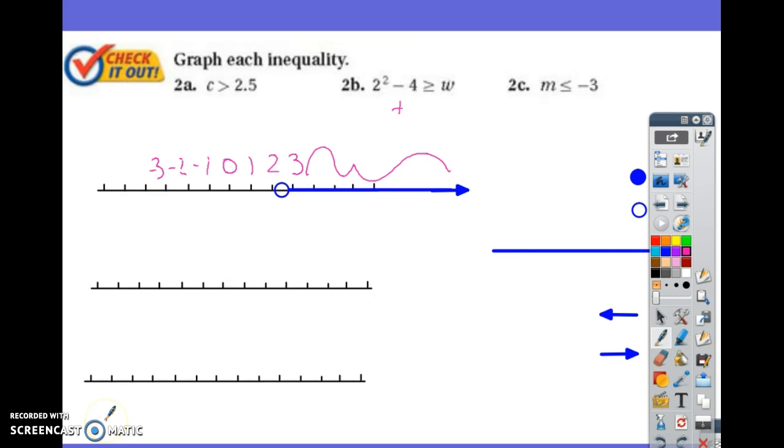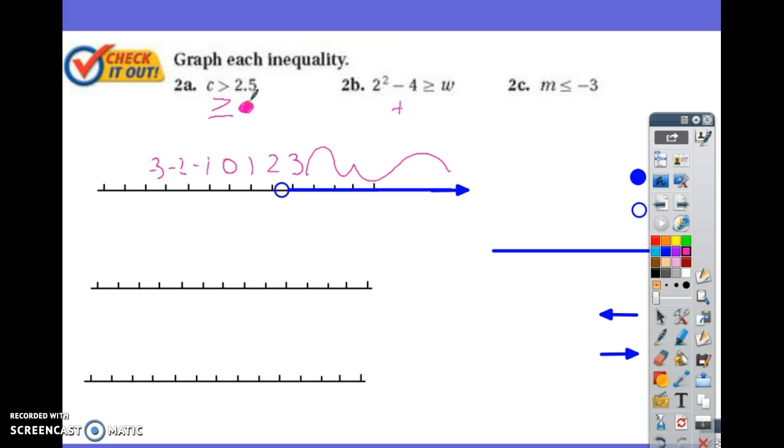As I mentioned, this circle is open here, and that's because this sign doesn't say greater than or equal to. If it did say greater than or equal to, it would be a closed circle.